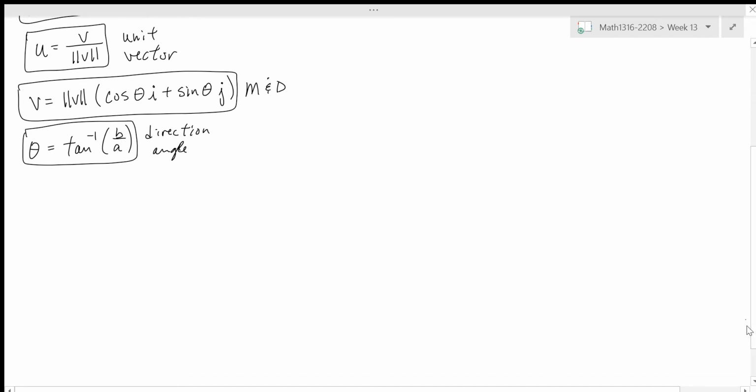That's the direction angle. Or at least that's what the book refers to it as. Find the direction angle.